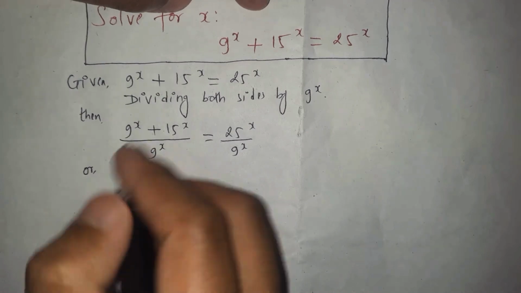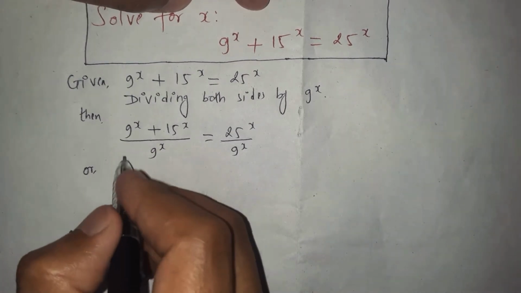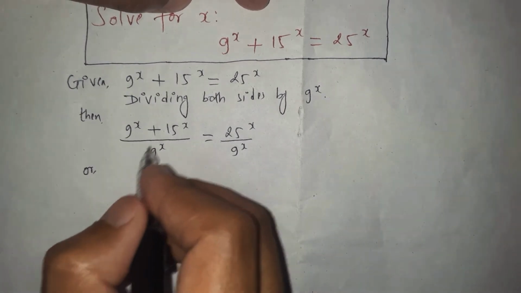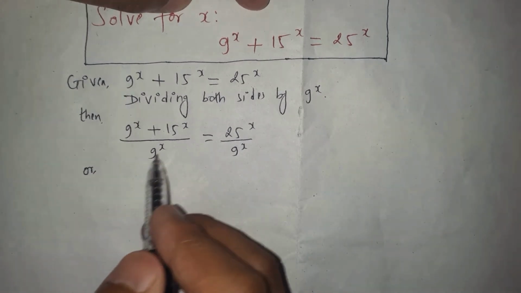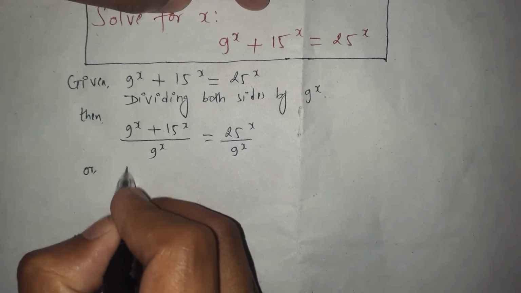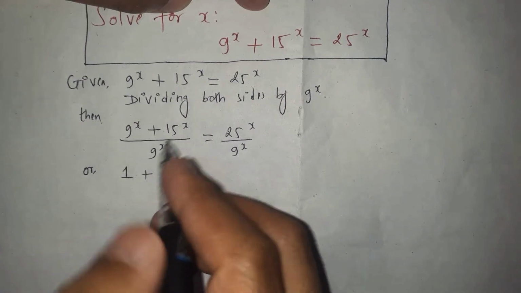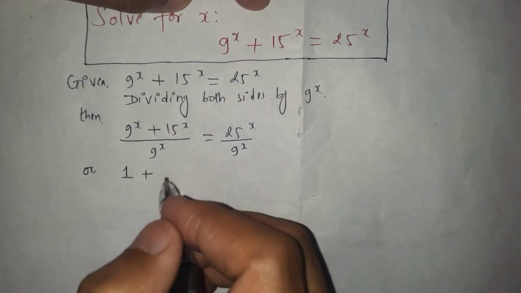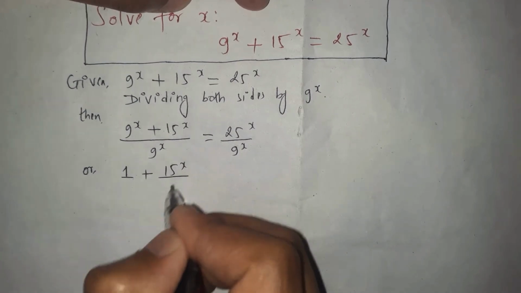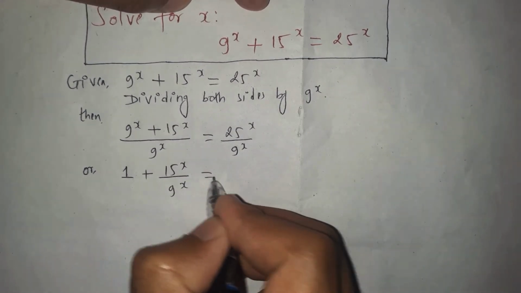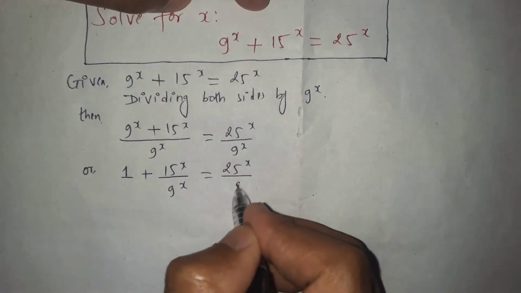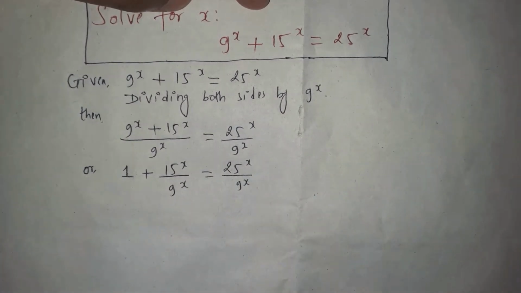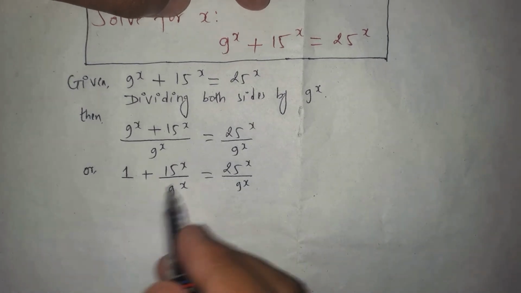We can distribute the common denominator here. After distributing, 9 raised to the power x divided by 9 raised to the power x is the same number, so it is 1, plus 15 raised to the power x over 9 raised to the power x, equals 25 raised to the power x over 9 raised to the power x.